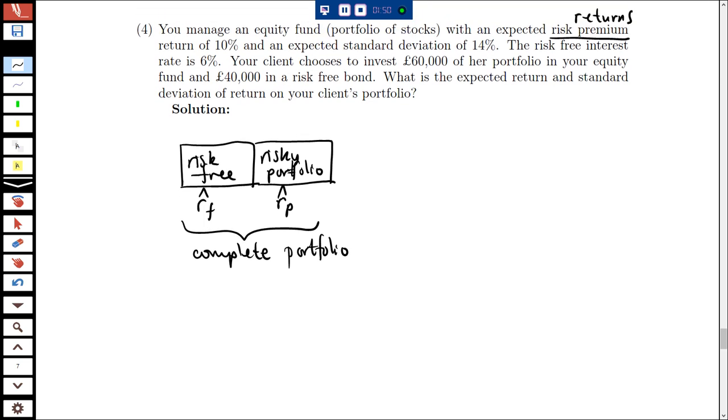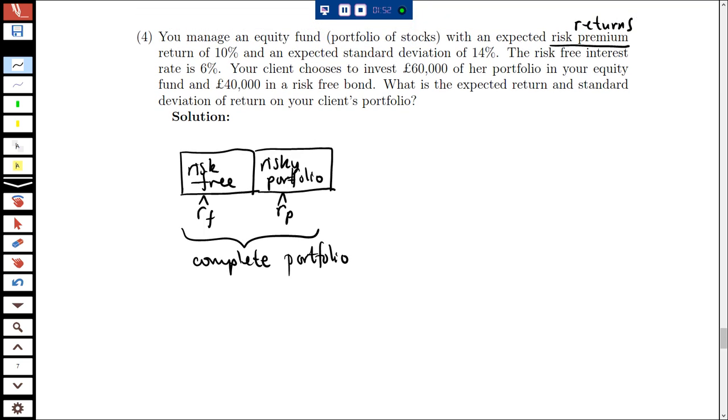and some of the numbers from the question. The risk-free rate is 10%. The risk associated to the bond, the risk-free bond, is by definition 0. There's no risk associated with it.